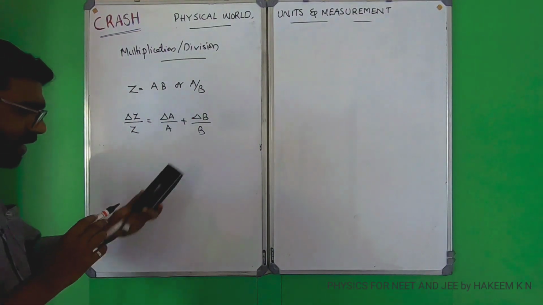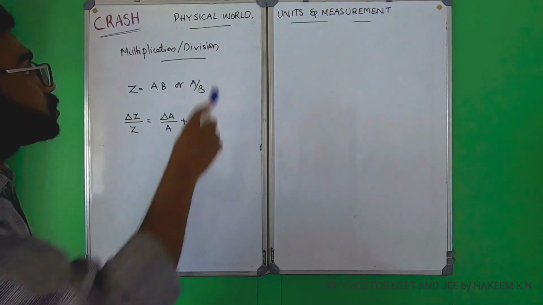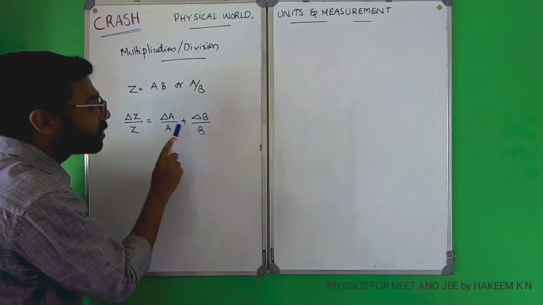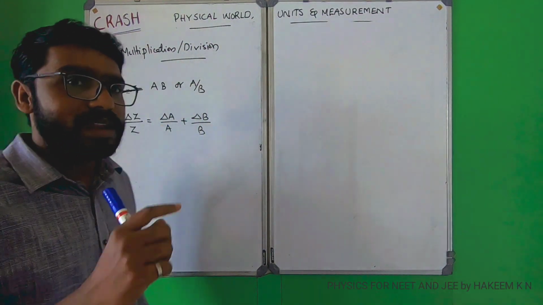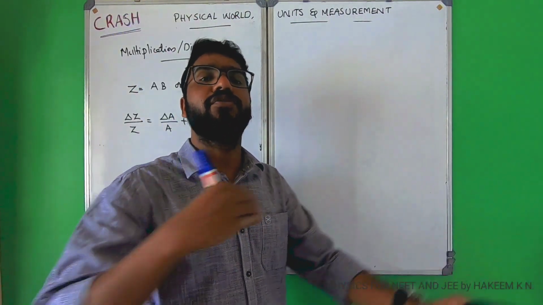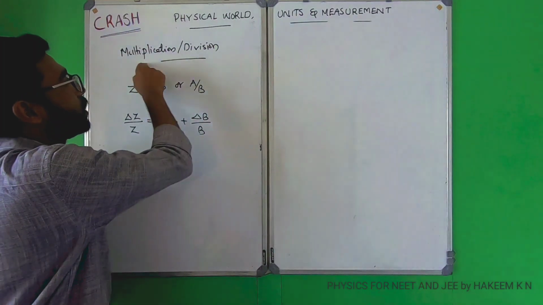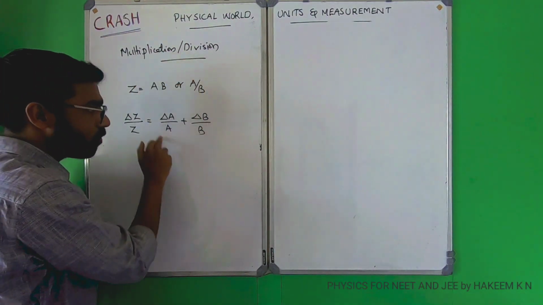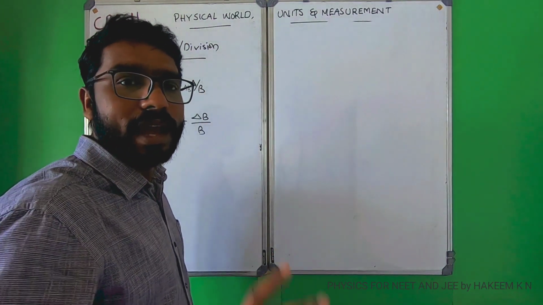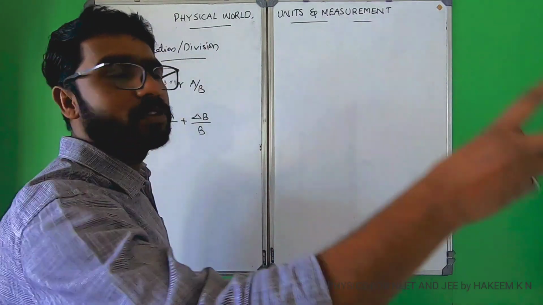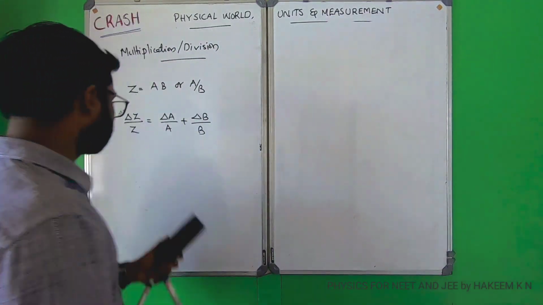That means in multiplication or division, relative errors are added, and in addition or subtraction, absolute errors are added always. Okay, that is the point. In multiplication or division, relative errors are added. In addition or subtraction, absolute errors are added.